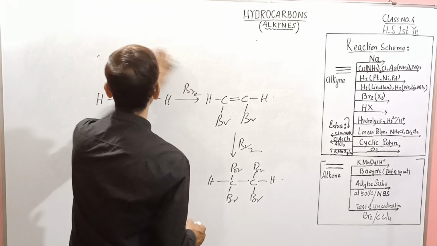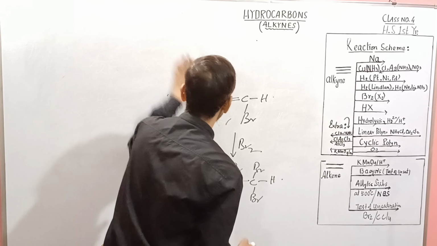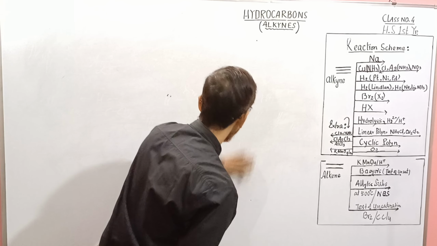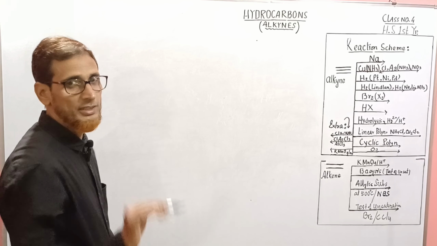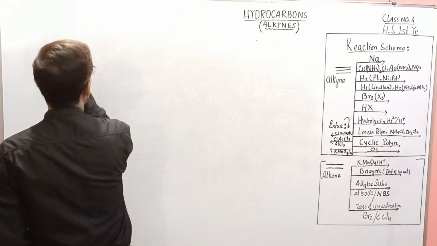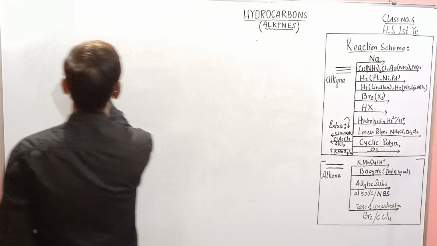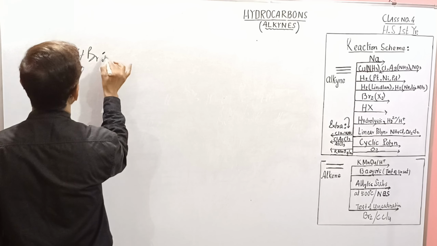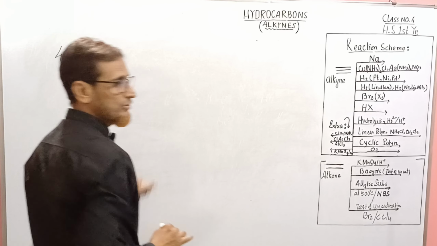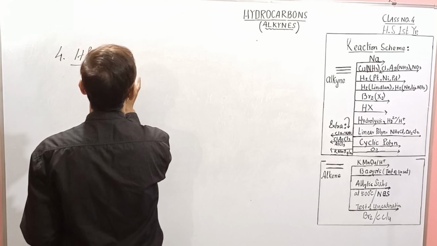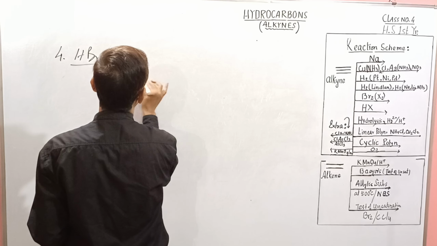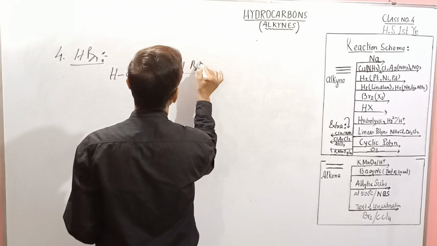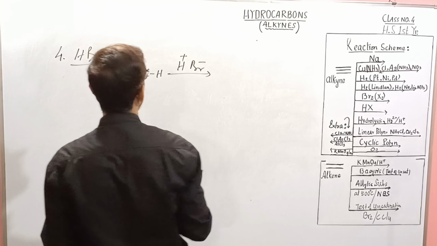The third reaction is very simple, and at the end of this I will show you how it is a test of unsaturation. Just follow me and you will get it. So this is the third, and this is the fourth type, addition of HBr, HX. Here there is a bit of a problem. In HBr, this is minus and this is plus.